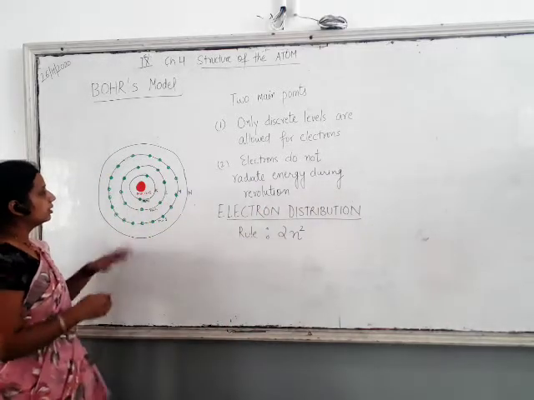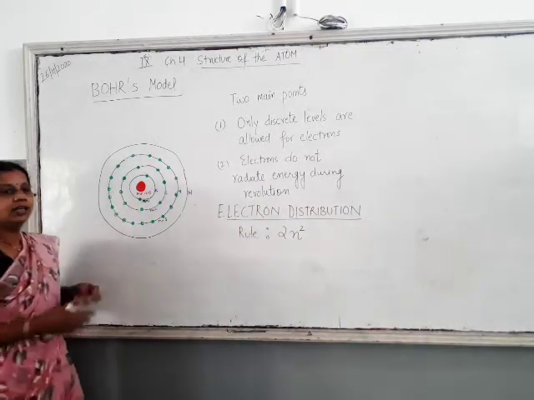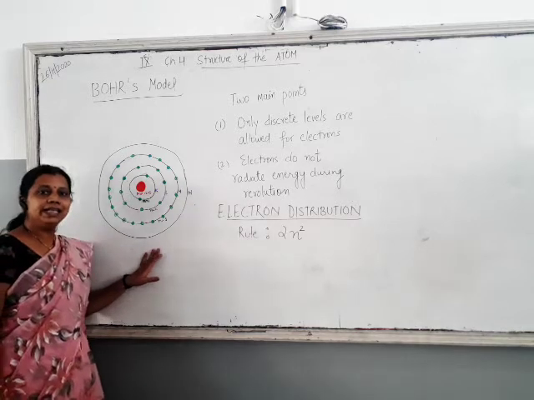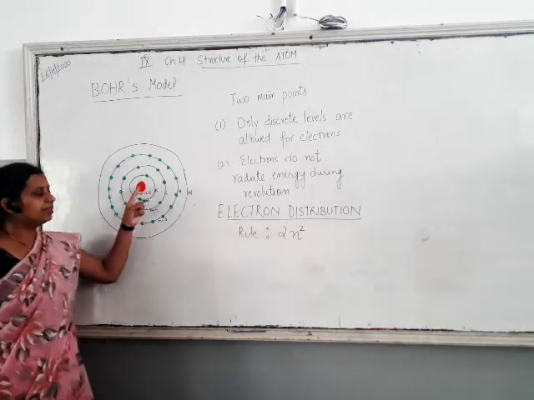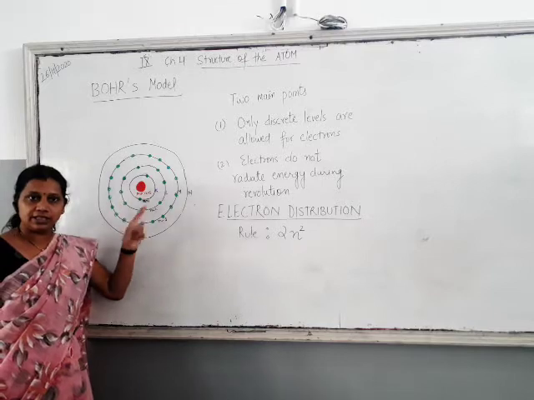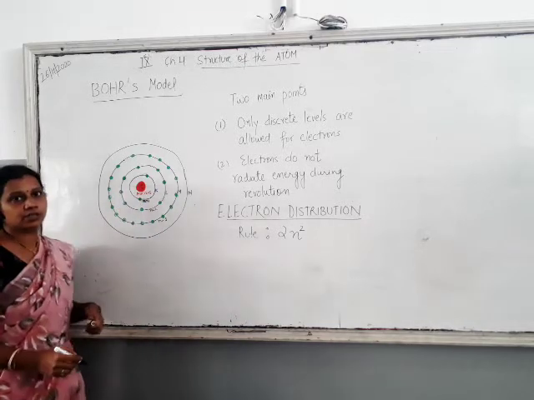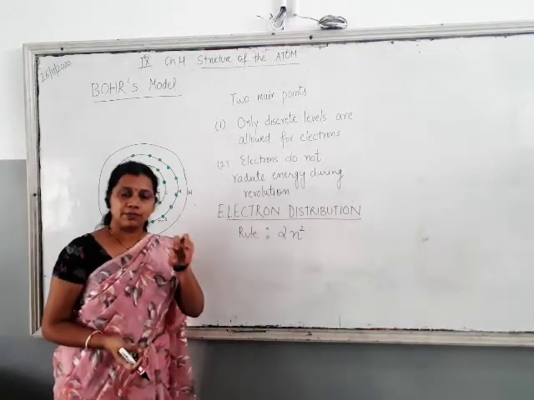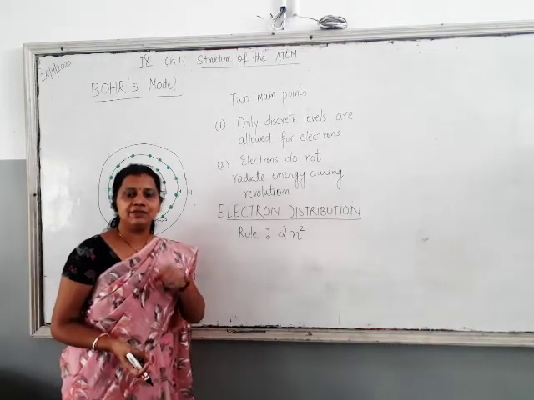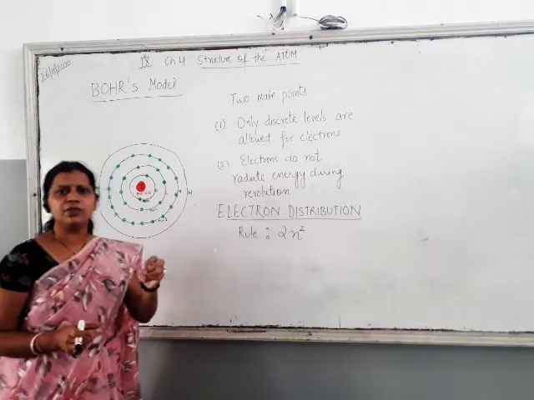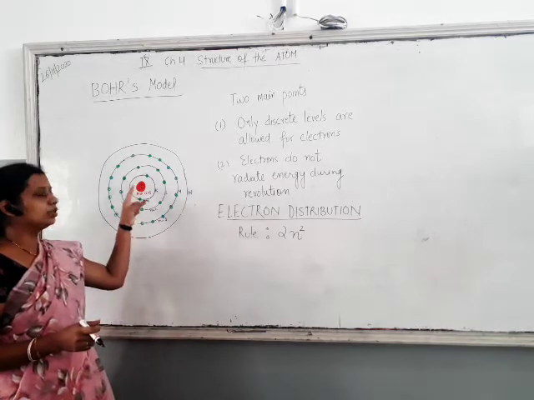So if you see here, this is the model given by Niels Bohr. In the center, the red part is the nucleus. And this red part contains protons and neutrons. Because protons and neutrons are massive and contain most of the mass, the whole of the mass is concentrated in the center, in the nucleus.